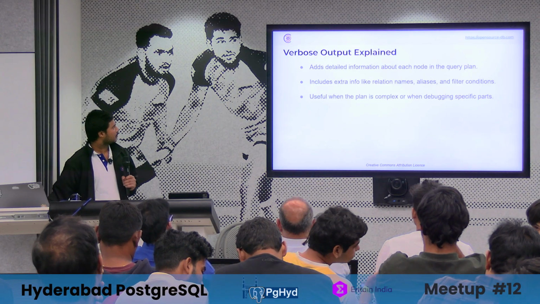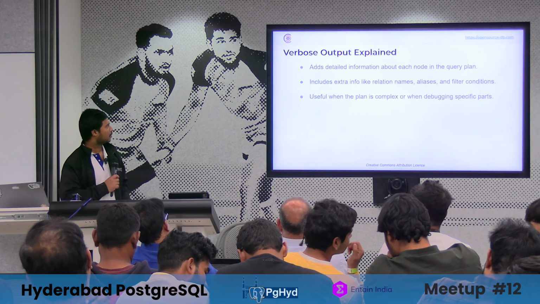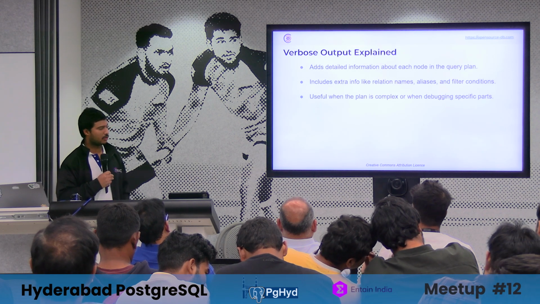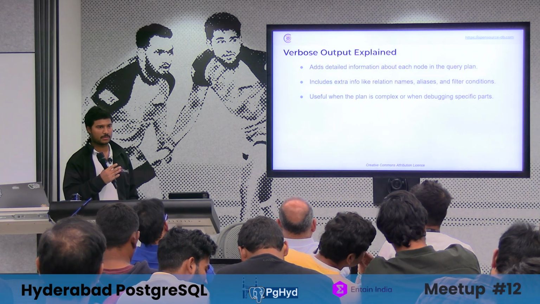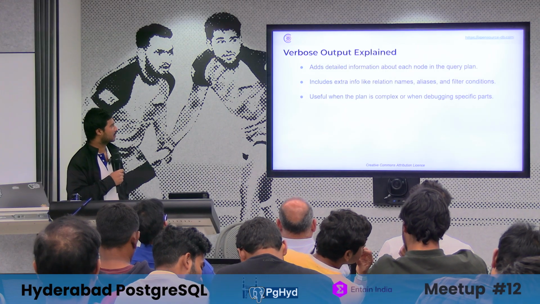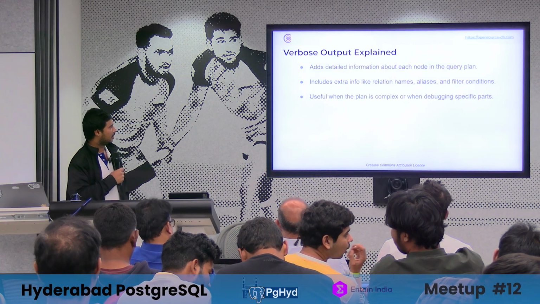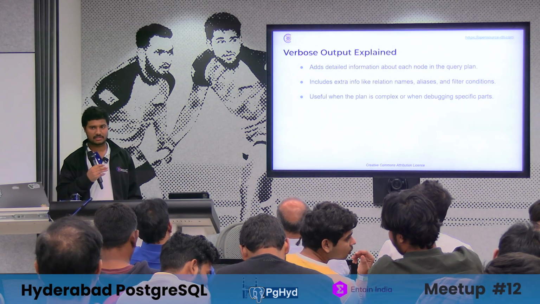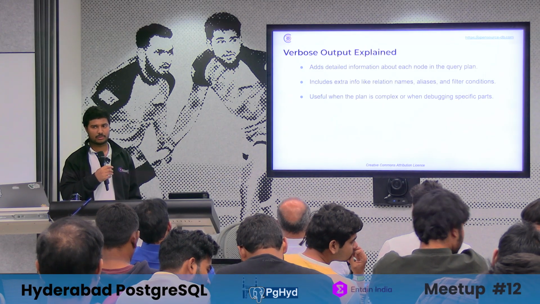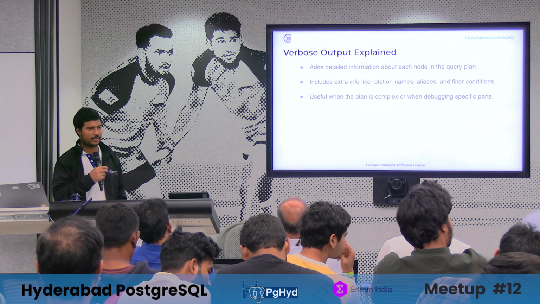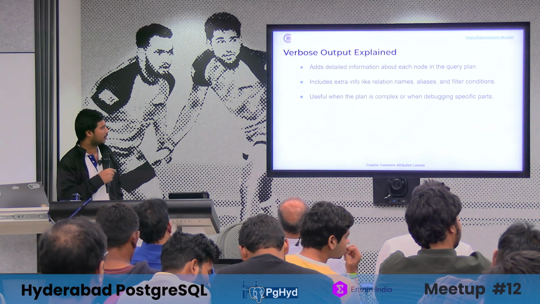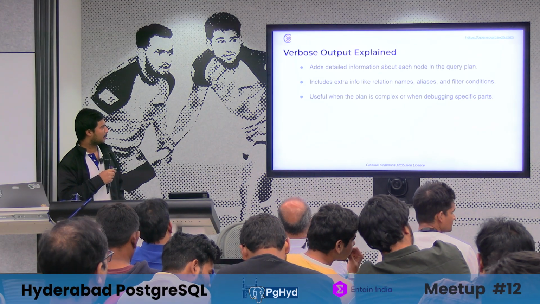Coming to verbose, verbose will give more information compared to buffers. It shows exactly which part we are retrieving the data from, and which specific columns we are taking the information from.